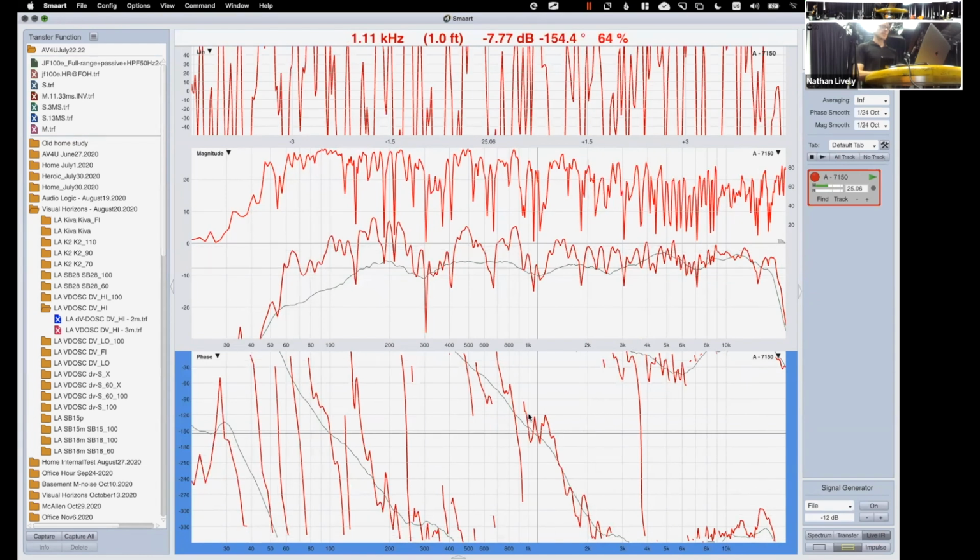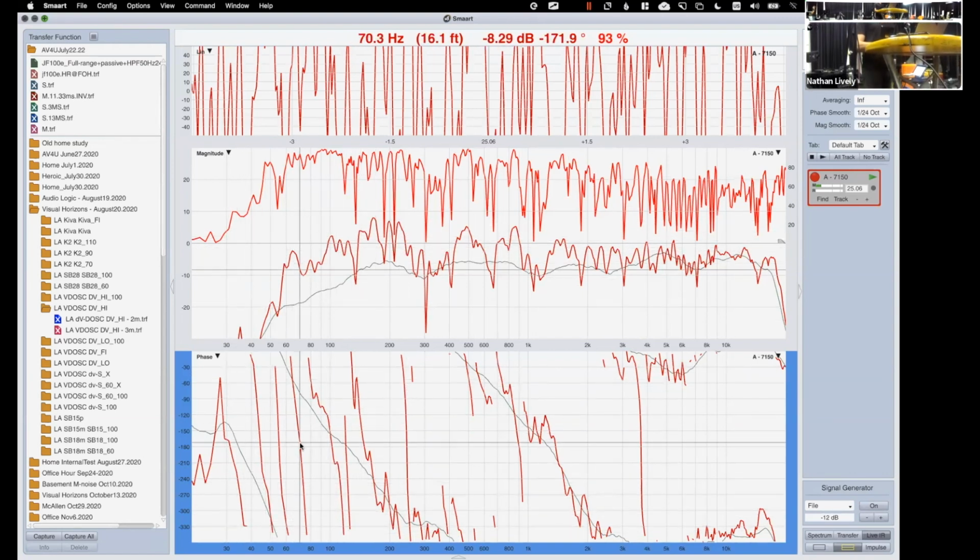Okay, so here you see the truth, right? And here you see all of the lies that are introduced by its coupling with the room.